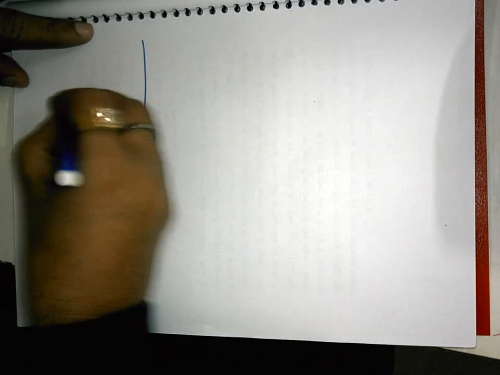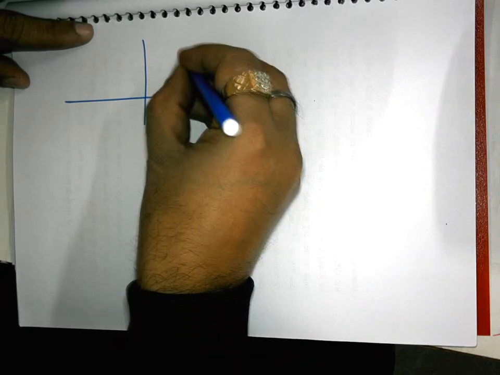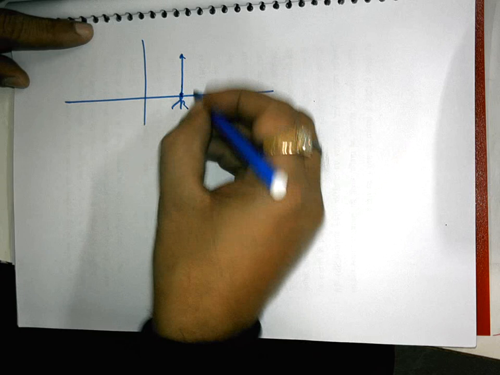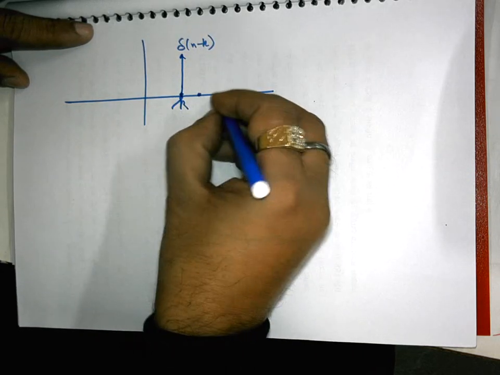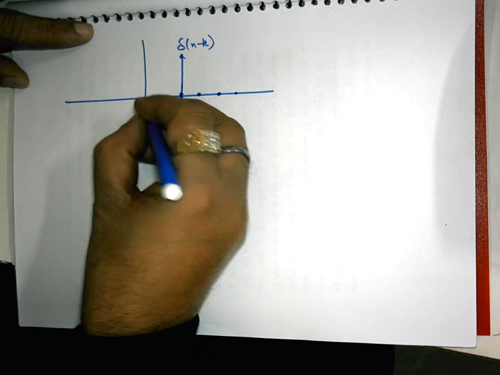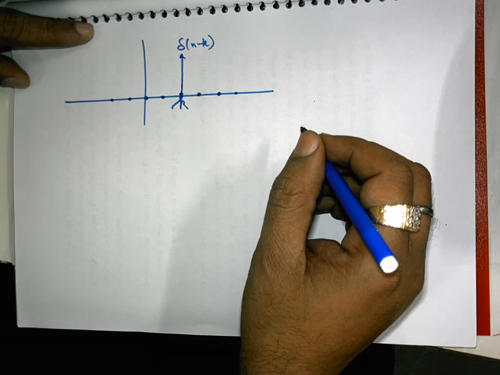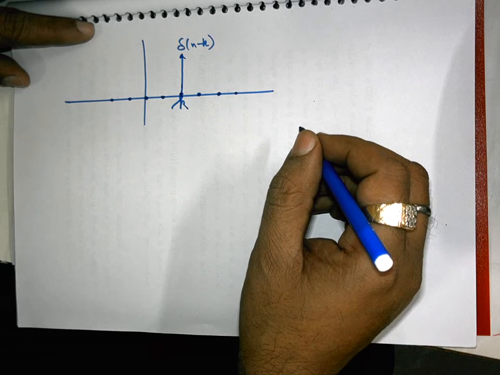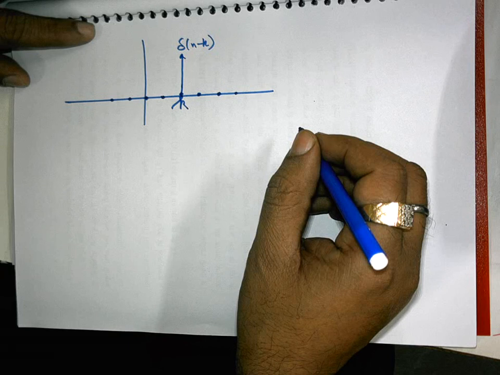Now suppose we shift this impulse by k units, this is time k, and this signal is now called delta[n minus k], the impulse shifted by k units in time. What will be the Z transform of this signal?